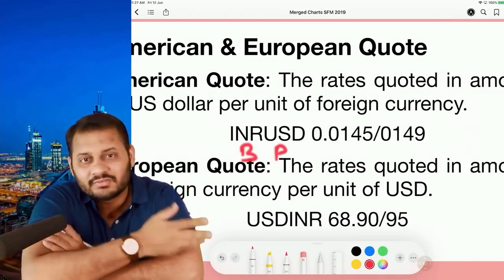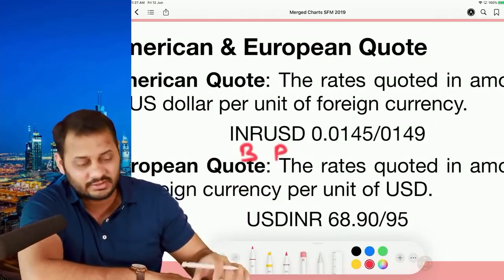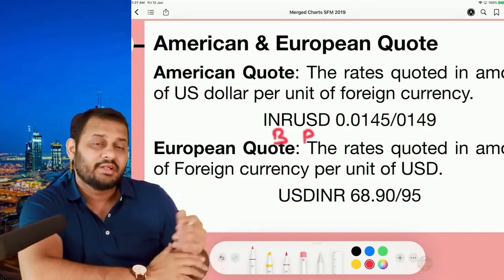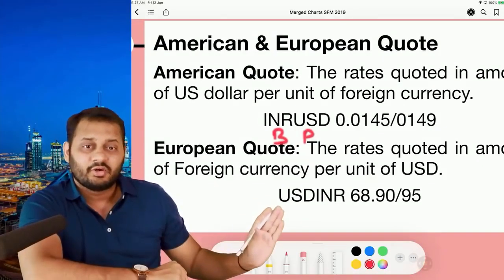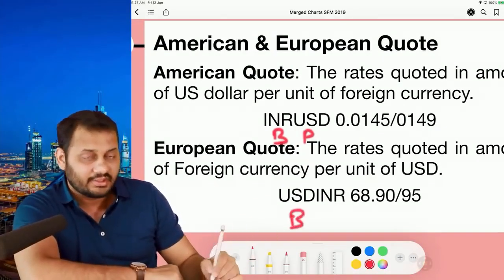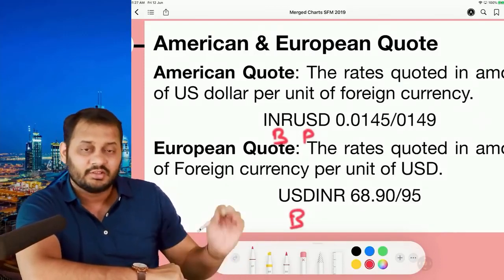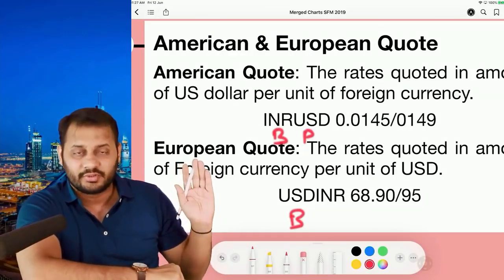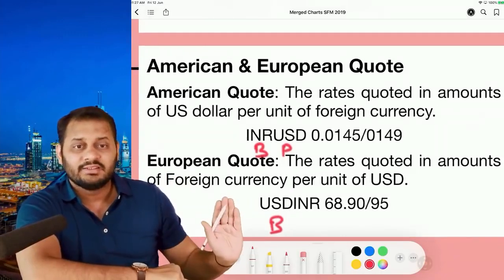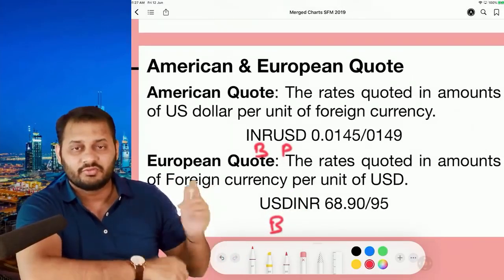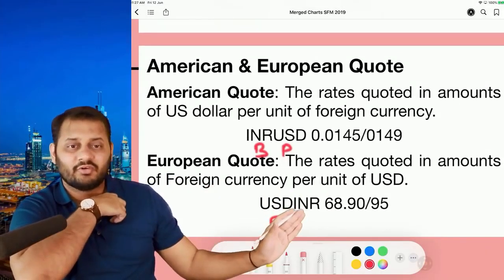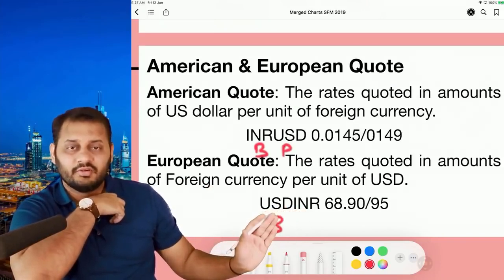Similarly, American quote is where the US dollar is the price currency. But from the angle of America, when the dollar becomes the base currency, then it is called European quote: foreign currency per unit of dollar. So if I'm American, INR is the foreign currency per unit of home currency.